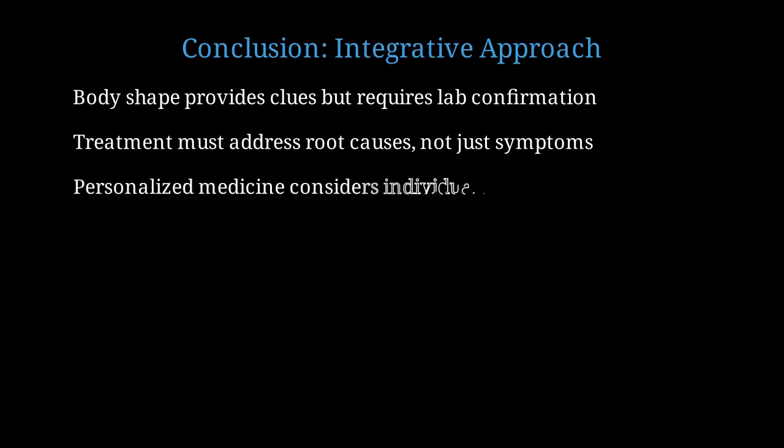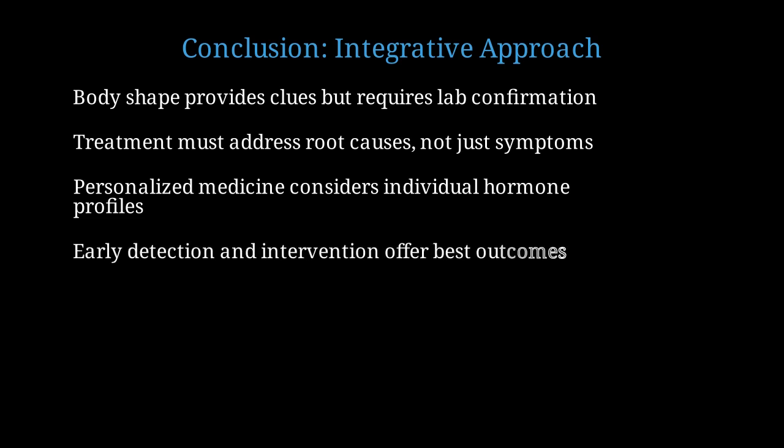The future of managing hormone-related body composition changes lies in personalized medicine that considers individual hormone profiles, genetic factors, and metabolic characteristics. Remember that early detection and intervention offer the best outcomes. The longer hormone imbalances persist, the more difficult they become to reverse.